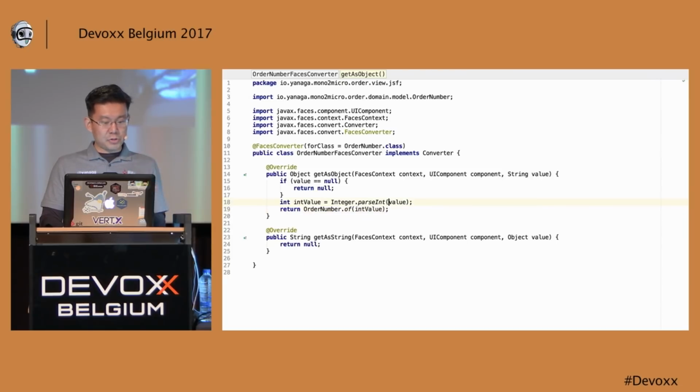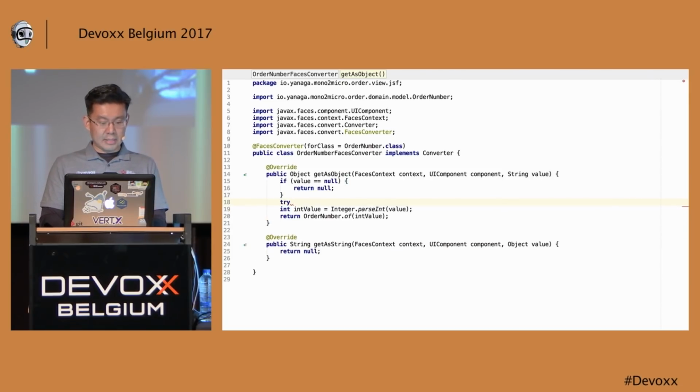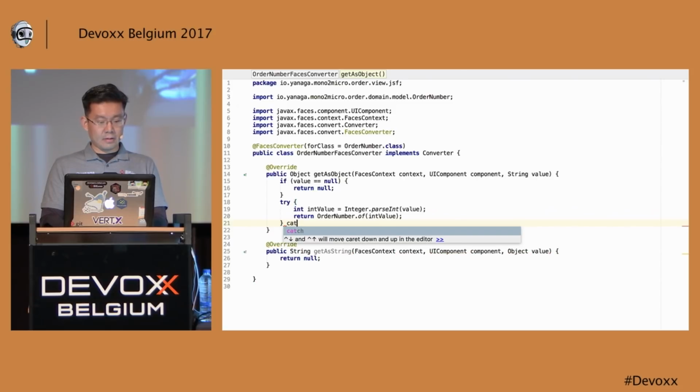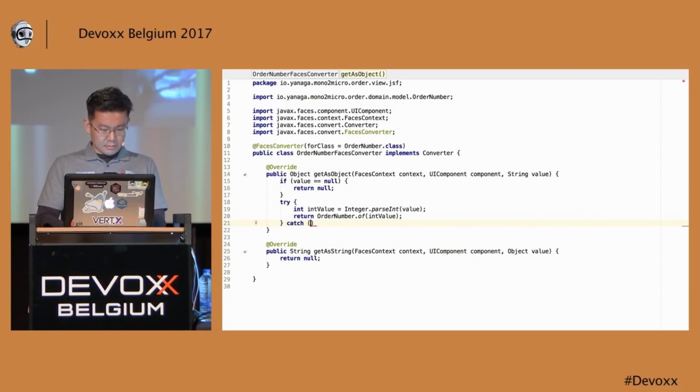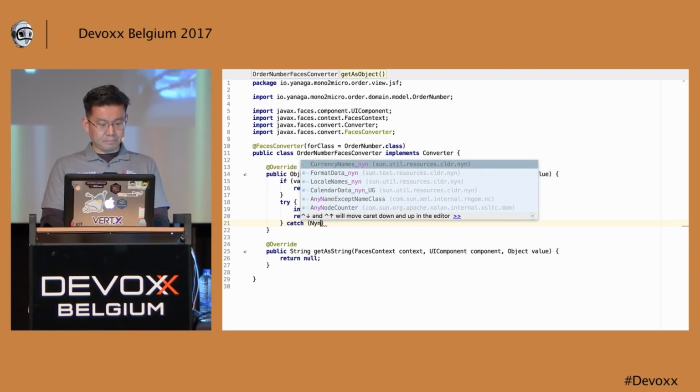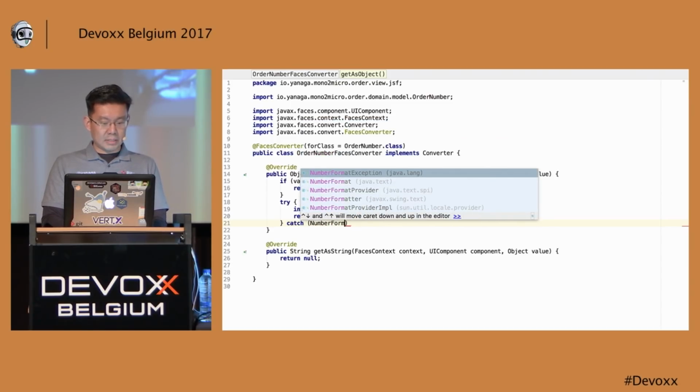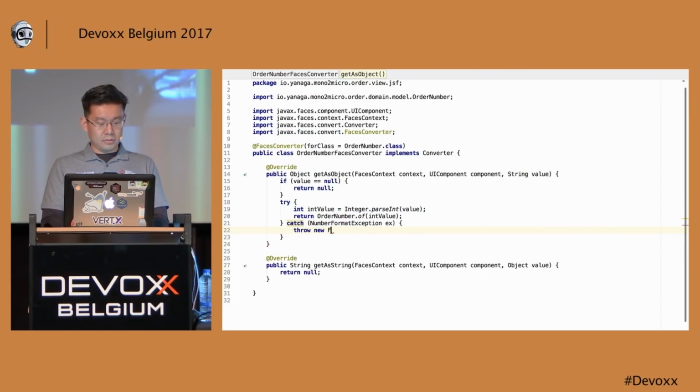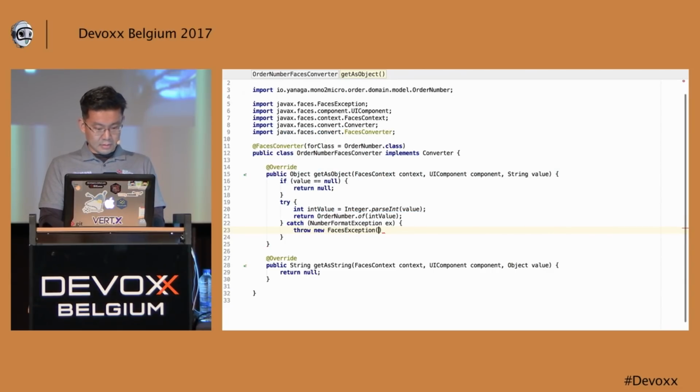So the proper way for you to capture this kind of information is to encapsulate that with a try catch, number format exception, and here you throw a new faces exception, new faces message, just throw a message here, invalid order number. Okay, for now.